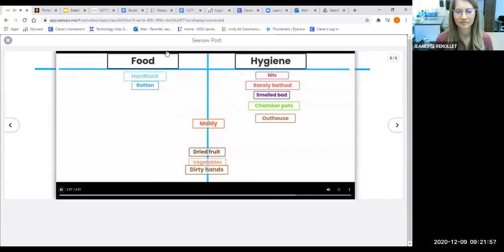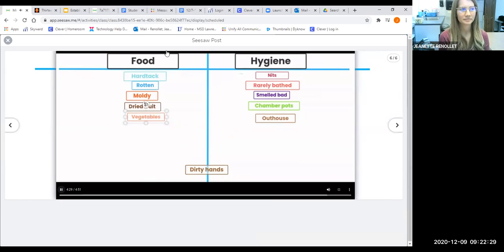Moldy would talk about food. Dried fruit. Do you think dried fruit would be talked about in the context of food or hygiene? Food would be correct. Vegetables. Do you think vegetables would be in the context of food or hygiene? Food.